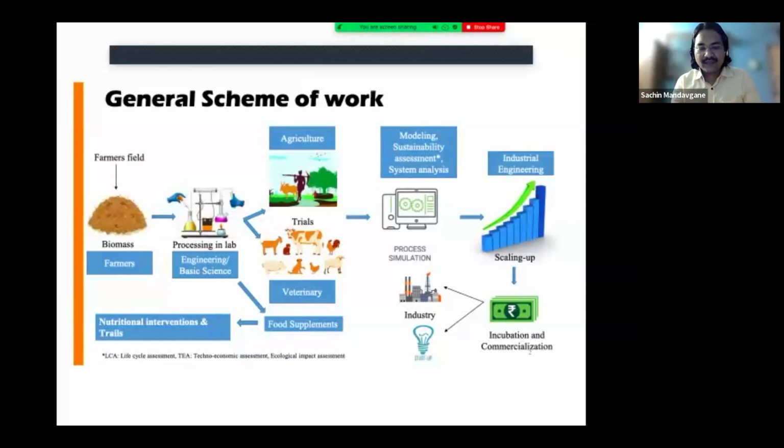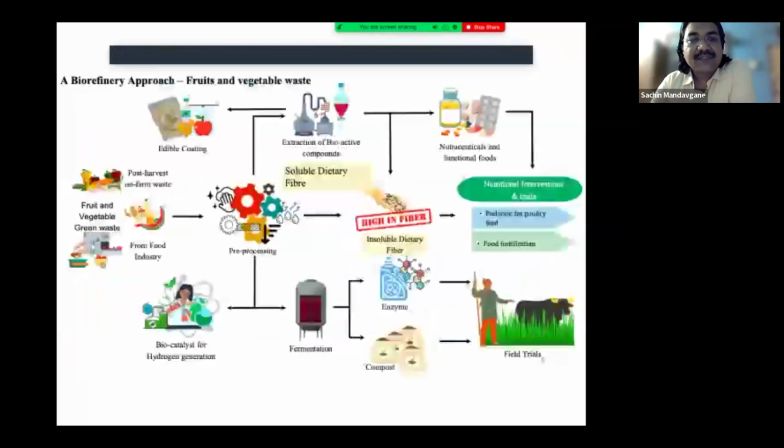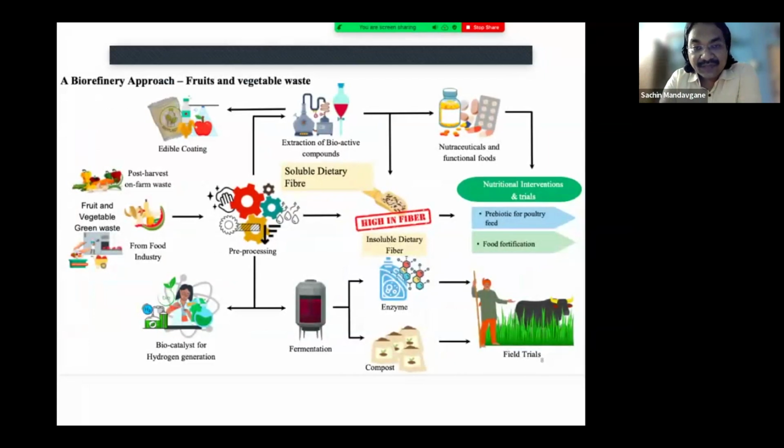Now I will go into detail of how exactly we tackle the green waste and how we tackle the brown waste. This is typically about fruits and vegetables. In the case of fruits and vegetables, we produce, one, nutraceutical antioxidants. These find their application either in human consumption, in edible coating, or as animal feed.